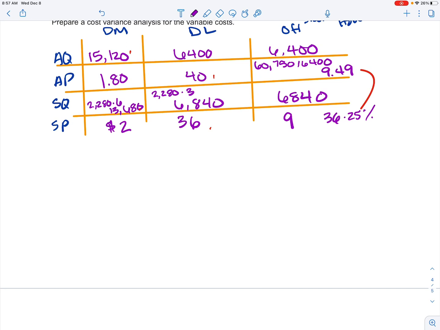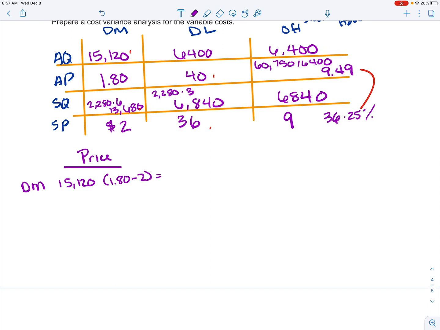So for price, I'm going to pull in my equations. And for direct materials, I'm going to take my actual quantity and look at the difference in price, which is 3024. And that's going to be favorable because I spent less than I thought I was going to.